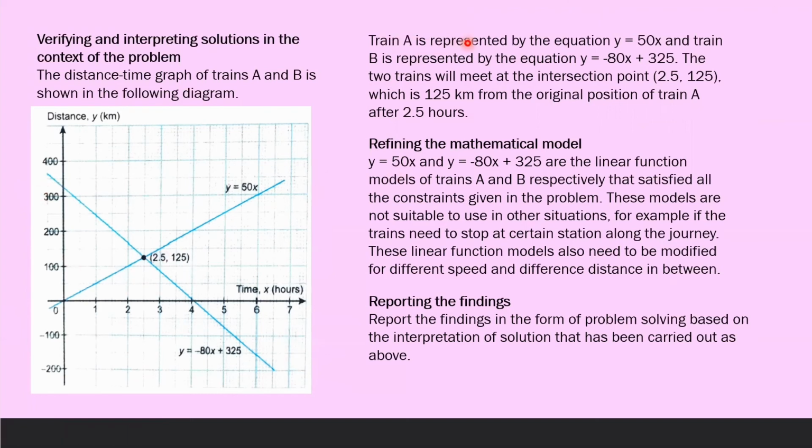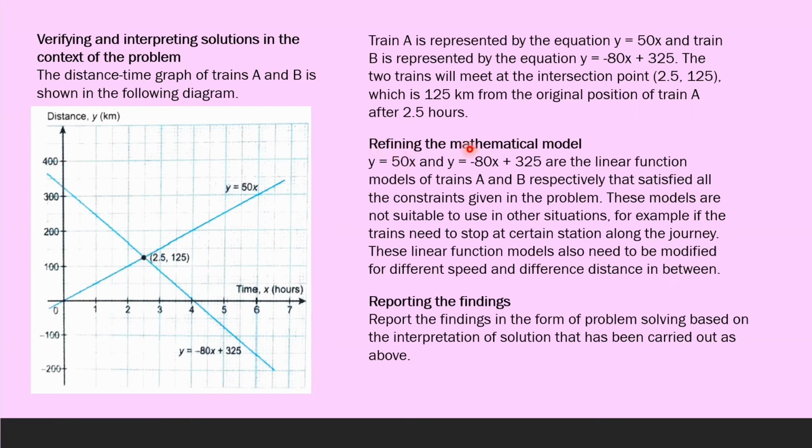Train A is represented by the equation y = 50x, and train B is represented by the equation y = -80x + 325. The two trains will meet at the intersection point here, (2.5, 125), which is 125 km from the origin position of train A after 2.5 hours.